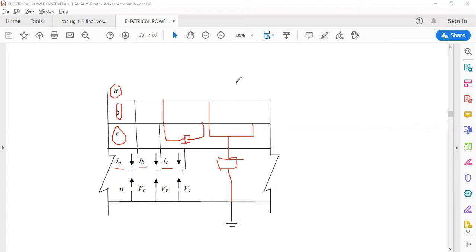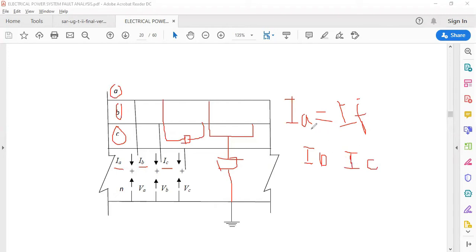So at that point of time, we have a fault between phase A and, say, neutral. Current IA is nothing but the fault current, and its magnitude is very large as compared to current IB and current IC, which are the currents of the rest of the phases.